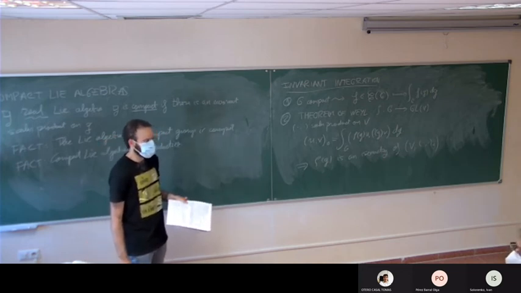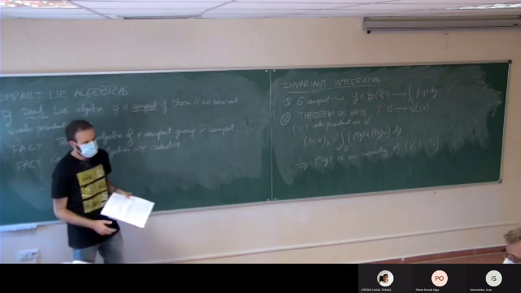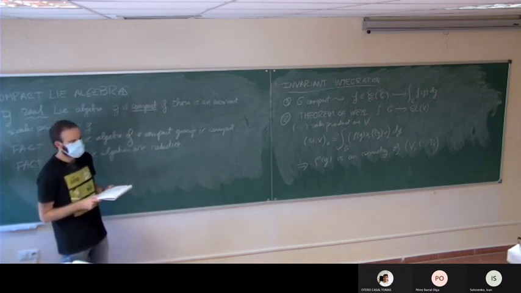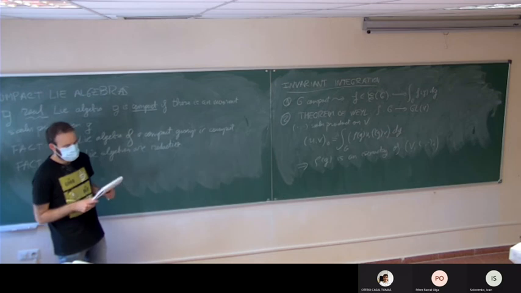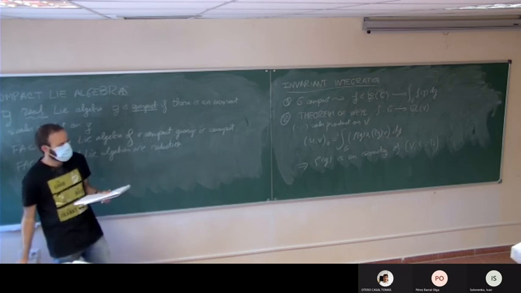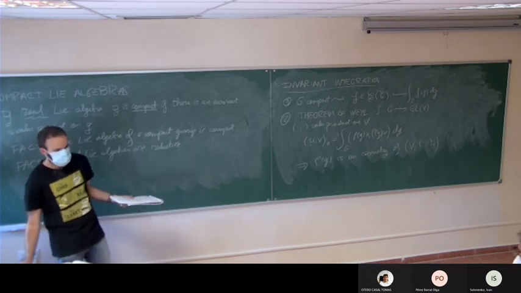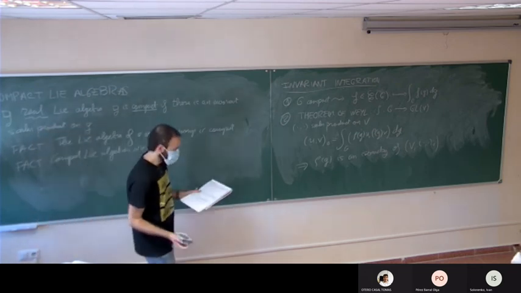For instance, R as a Lie group is not compact because topologically it's not compact, but its algebra is compact, because it's also the Lie algebra of the circle, the one-dimensional circle.